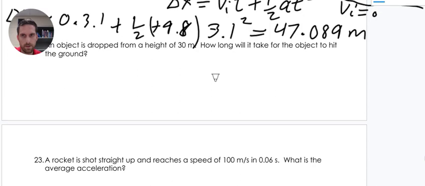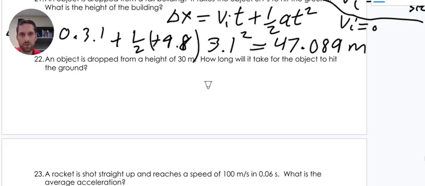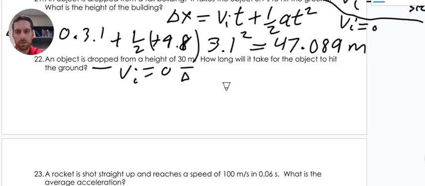All right. Now we have an object dropped from a height of 30 meters. We want to know how long it's going to take the object to hit the ground. V initial still 0, dropped. Now delta x is 30 meters. Or your initial is 0 and your final's 30, however you want to do this. Or the other way around.